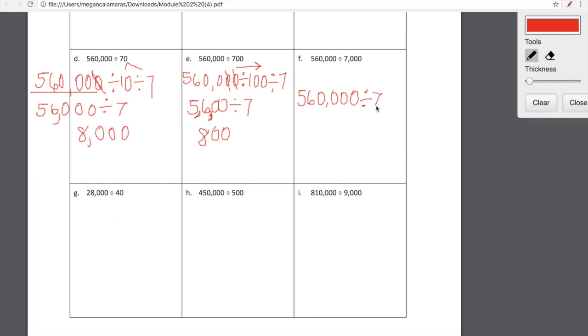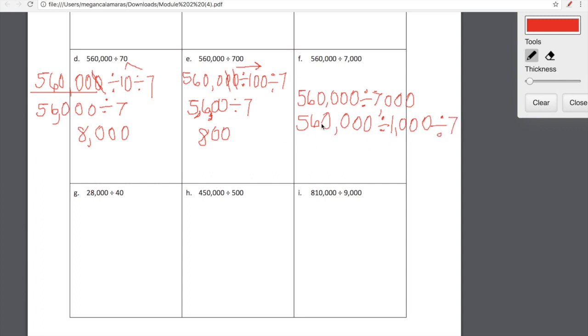560,000 divided by 7,000. We're going to decompose 7,000. Who can think about how we're going to decompose 7,000? Let's decompose 7,000, thank you, Christopher, as 1,000 and 7.